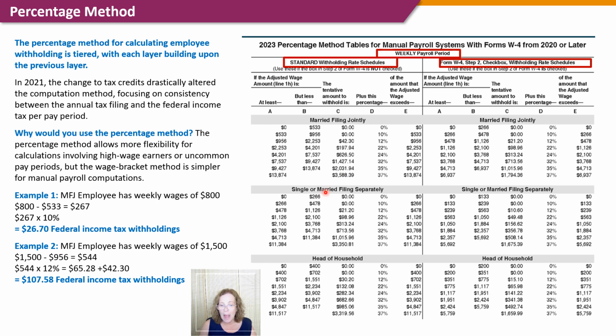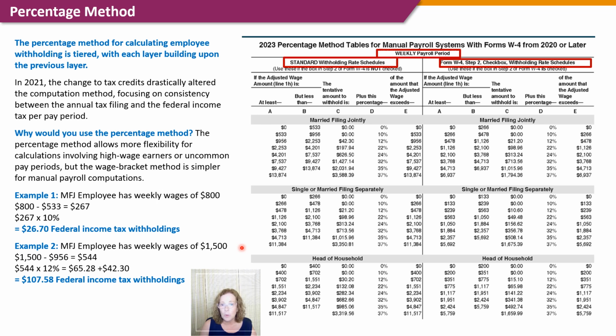We would subtract $533 from $800 because only the amount over $533 is subject to the 10% withholding, which leaves us with $267 times 10%, which is $26.70.